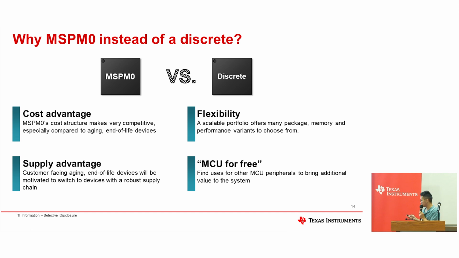The second point is that our device is very flexible. I have mentioned before, we have plenty of devices in the roadmap, so you can select a proper device for your application.